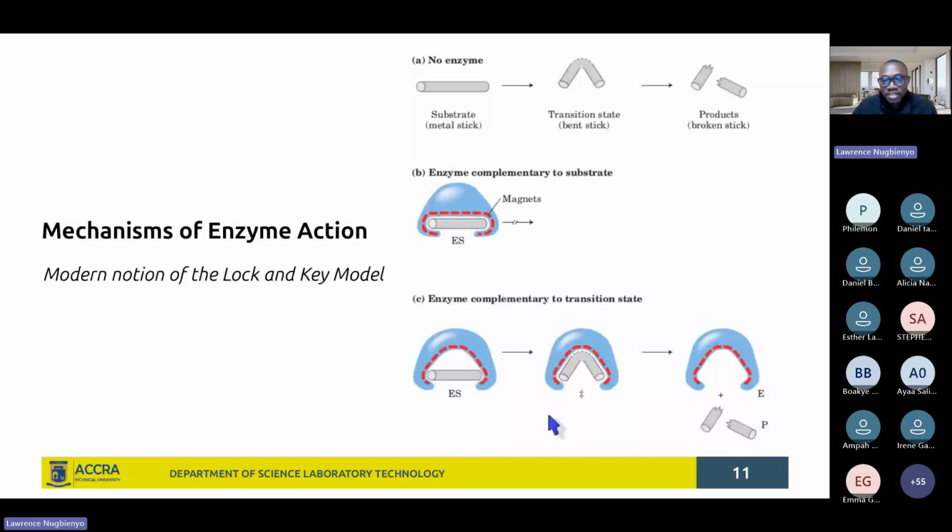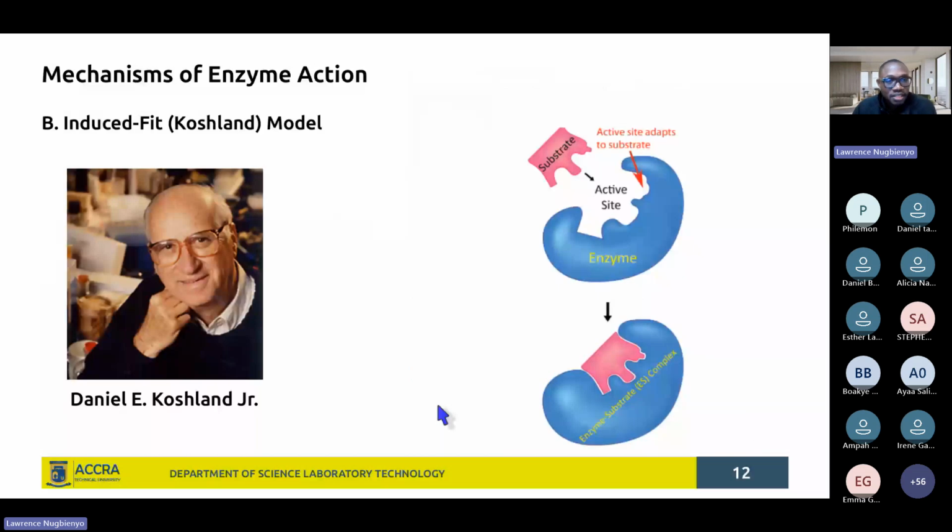So Emil Fischer's model was studied further by an American biochemist, Daniel Koshland, who now proposed what is referred to as the induced fit model. It's actually the induced fit model, which is the current model for enzyme studies.